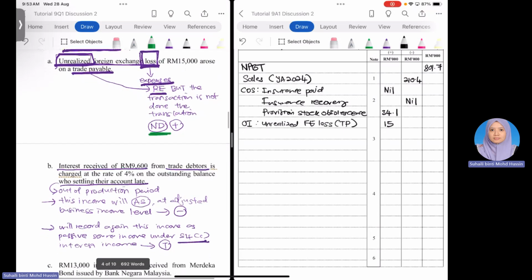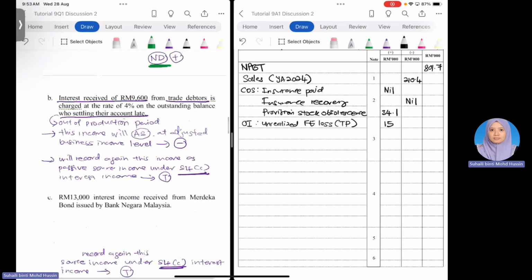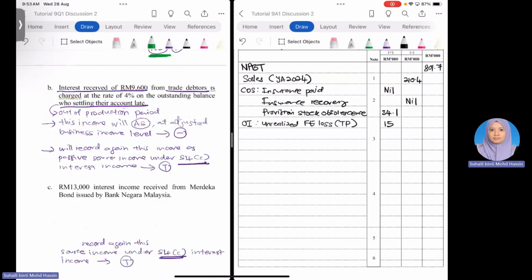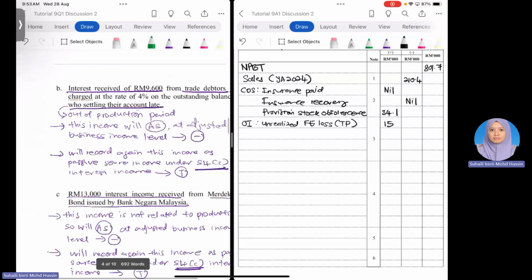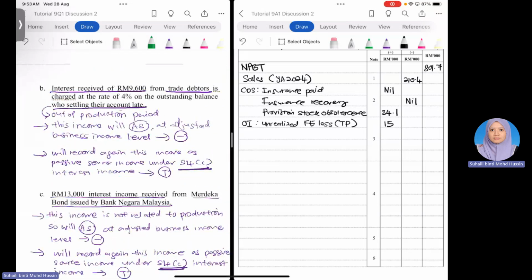What else do you record under the other income? You record interest received from the trade debtors, charged at the rate of 4% on the outstanding balance of those settling their account late. When the debtors pay you late, you charge interest to them. This amount is considered out of the production period, so you cannot record it as a revenue receipt.